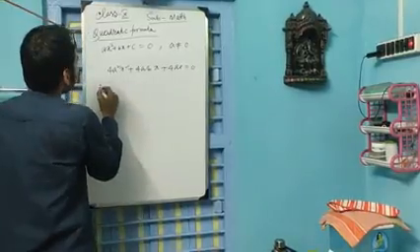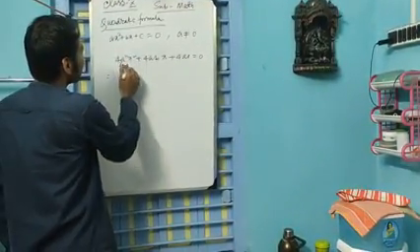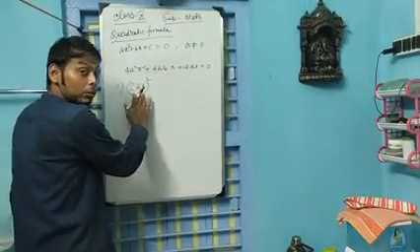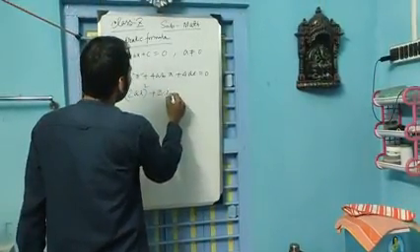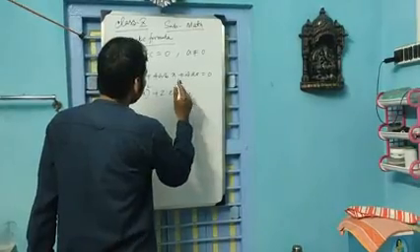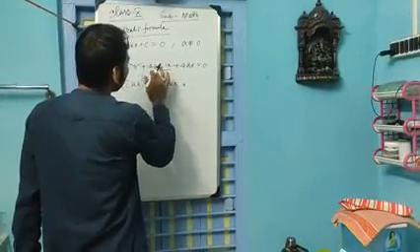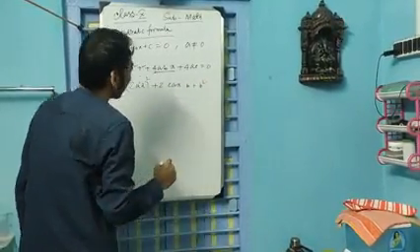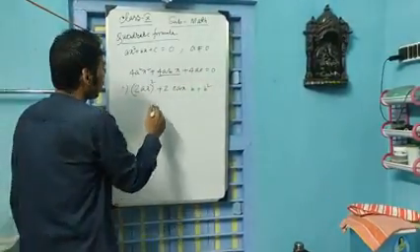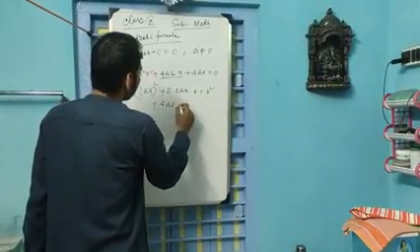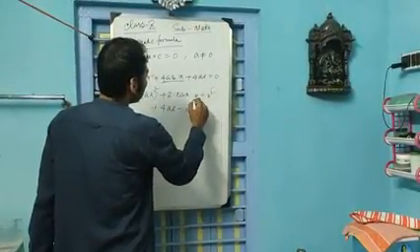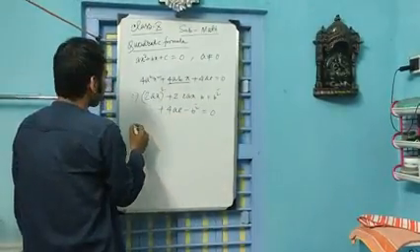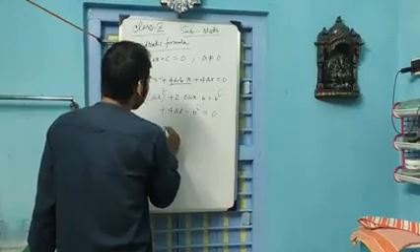Implies 4a²x² we can write as (2ax)² plus 2 into 2ax into b in place of 4abx, plus b² to make it a square, plus 4ac and then minus b².